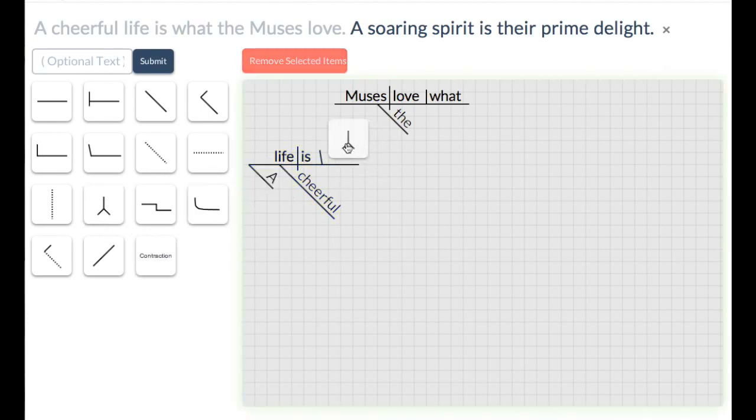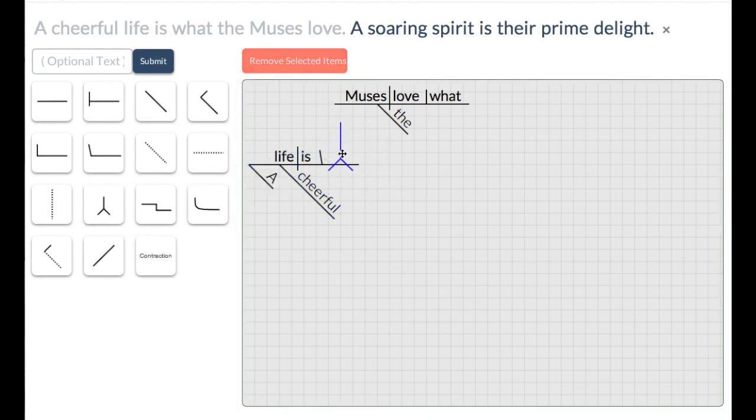And I use this little tree to connect the noun clause here to the rest of the sentence. Okay, so there we go. There's a diagram of this sentence. A cheerful life is what the Muses love. Okay, that's our first sentence from this quote.